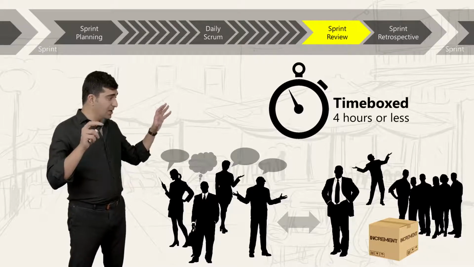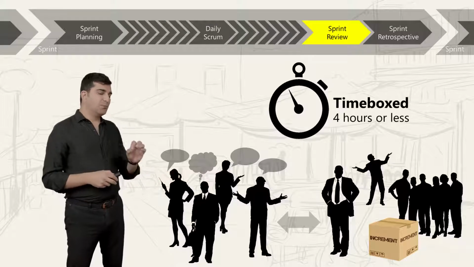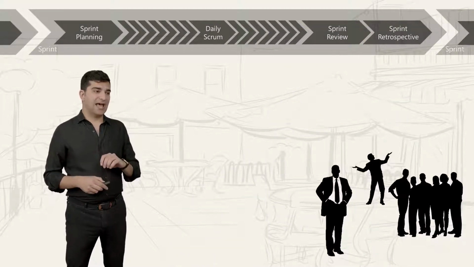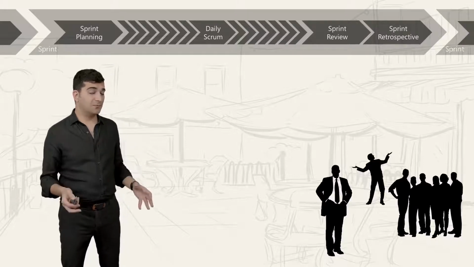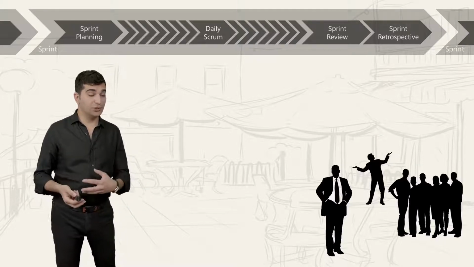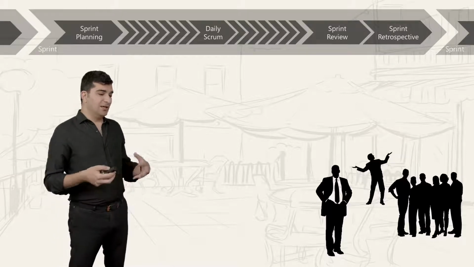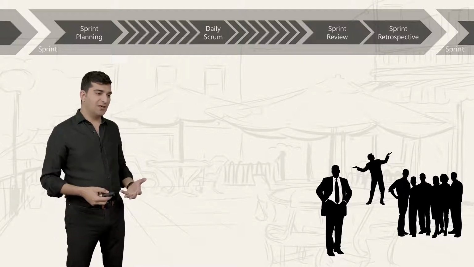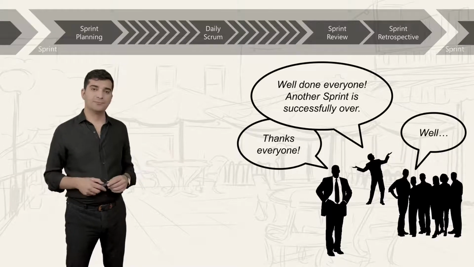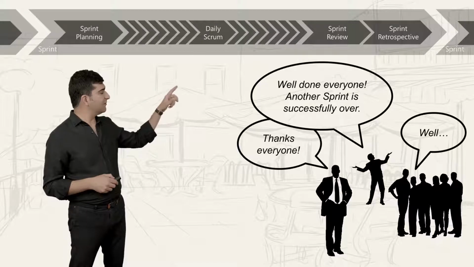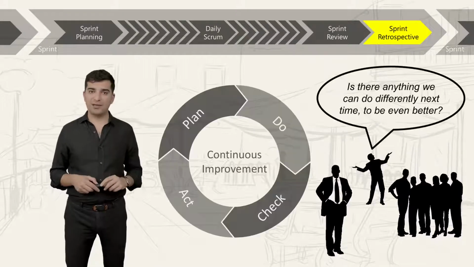All right, so when you're done with that, there's one more thing that we need to do. And everyone who's serious about their project, no matter what type of project methodology they are using, is to get together and think about the way you've been working and see if you can improve it. That's the event we call the sprint retrospective.